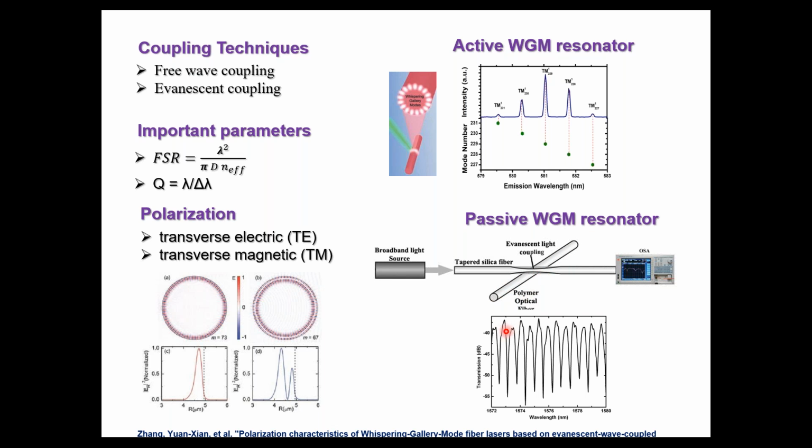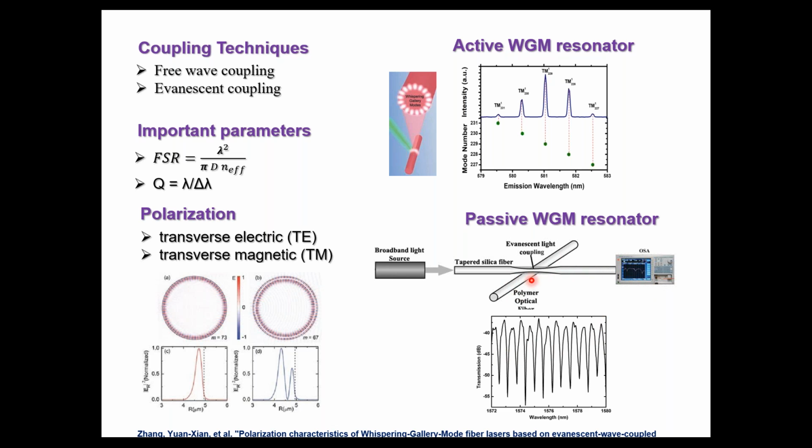And the frequencies that are coupled into this structure, the microcavities, will be missing in the output spectrum. This is an optical spectrum analyzer, which plots the wavelength versus transmission. Here you will find that some of the frequencies are missing.